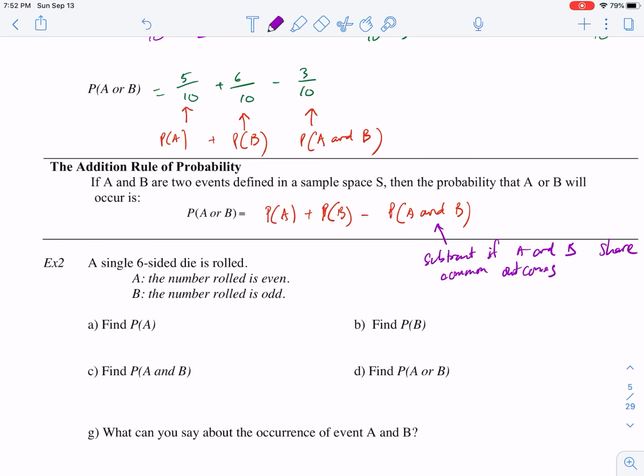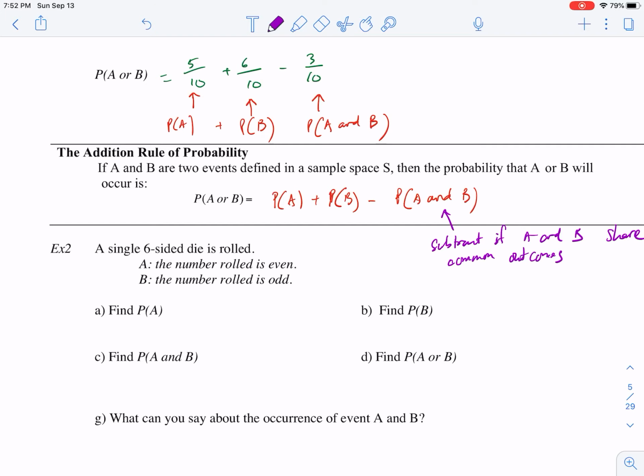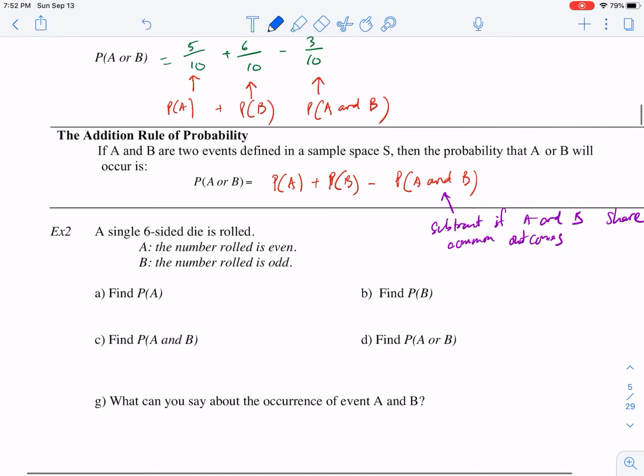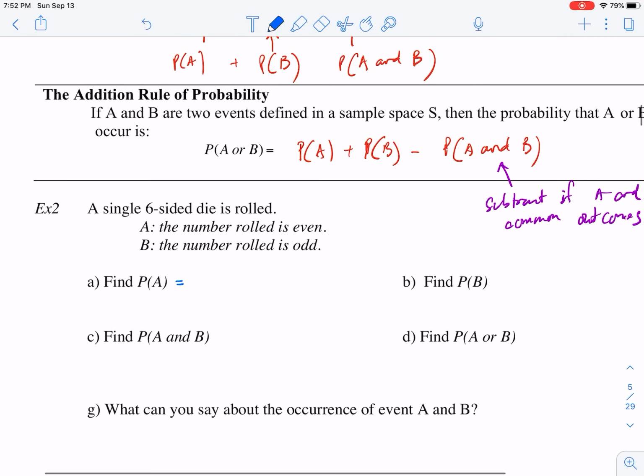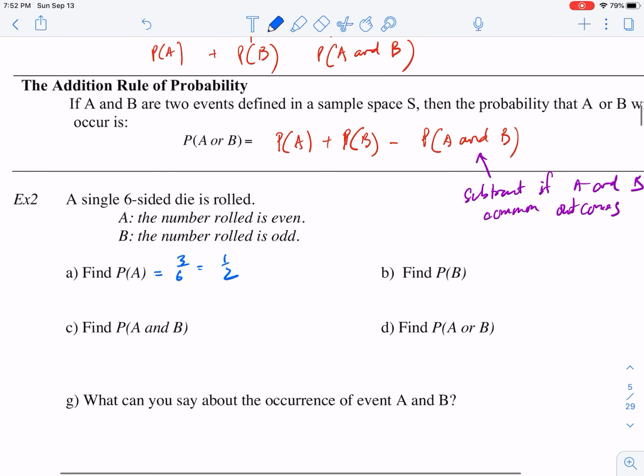Given a single 6-sided die is rolled, let A be the event the number rolled is even, B be the event the number rolled is odd. So therefore P of A, the probability that the number rolled is even, on a 6-sided die, that means 3 even and 3 odd, so that's 3 out of 6, which is 1/2. The probability that the number rolled is odd is also 1/2.